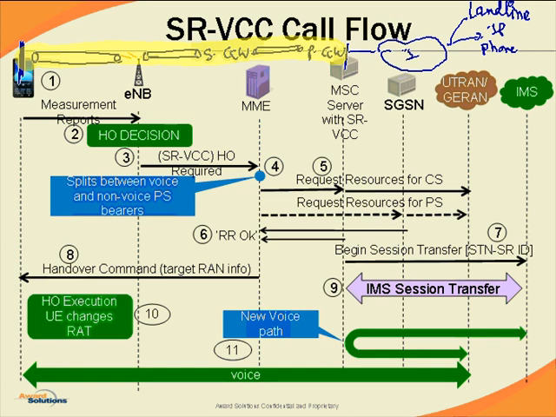So the standard is indeed working on that, but in terms of real world implementation, it would initially be only a 1X circuit switch call. So your data would probably just be dormant unless we have proprietary solutions where you have dual transceivers. Then it's a different story.